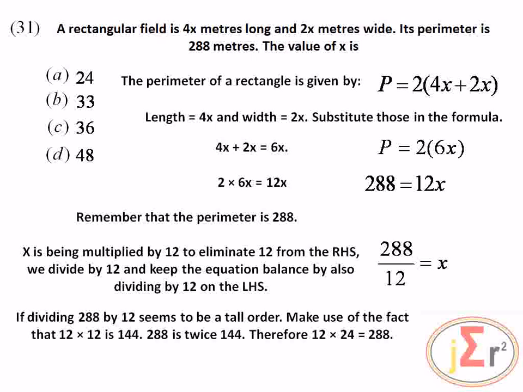But understanding that 12 times 12 is 144 and 144 multiplied by 2 is 288, then it is easier to see that 288 is actually 24 times 12, or we may say 2 times 12 times 12 turns out to be 24 times 12. Therefore, 288 divided by 12 is 24. So x is equal to 24. The correct answer is option A.